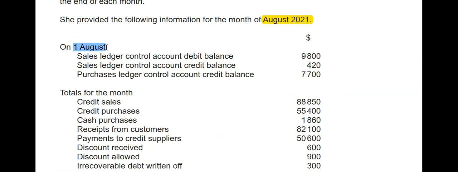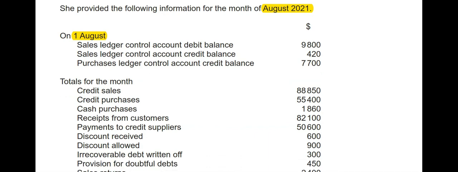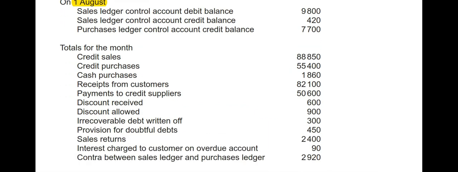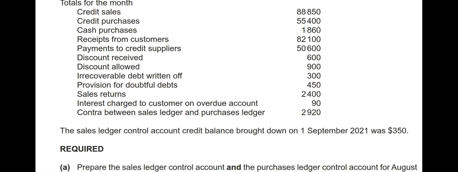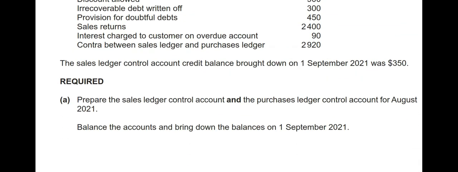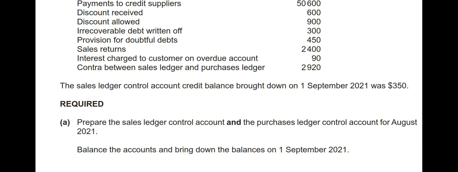Now in the information that they have provided us on 1st August, they have given you sales ledger control account debit balance and the credit balance and many other details. So we have to prepare the sales ledger control account and purchase ledger control account.